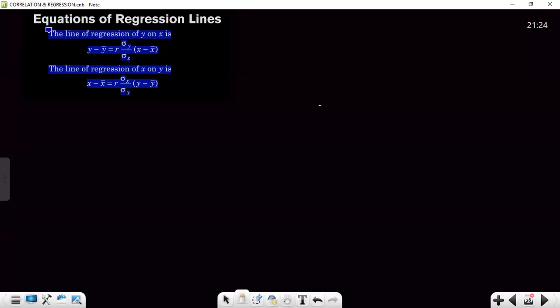So the first equation is the line of regression of y on x. It will be given by this format, as we know about the equation of a straight line: y minus y1 is equal to slope into x minus x1. This is the slope point form.